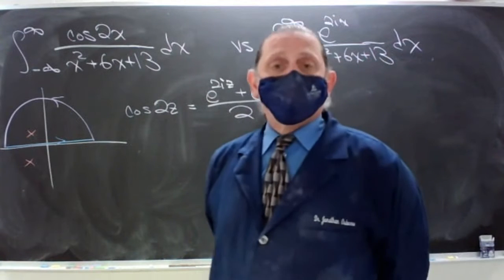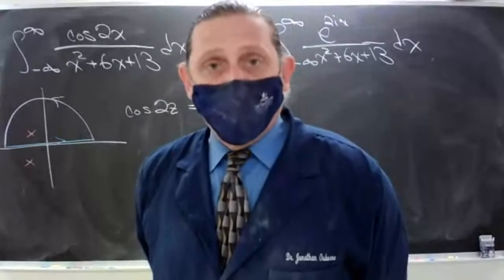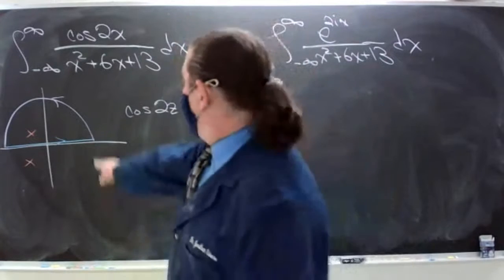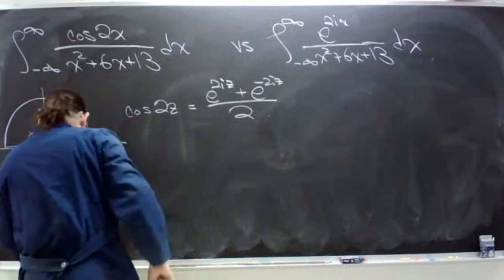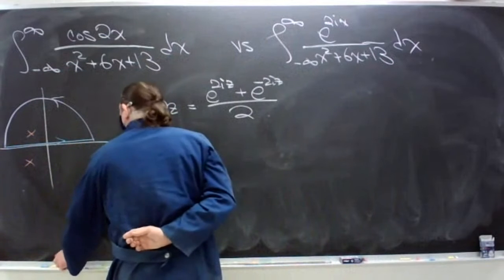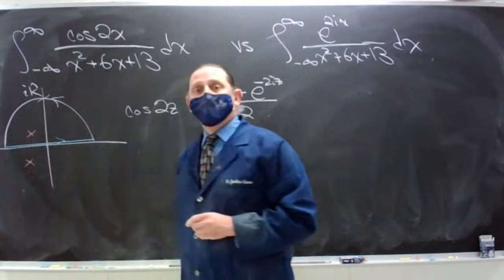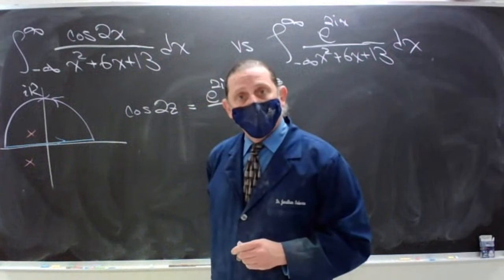Now, we can do this in general. It'll suffice for us to just look at the behavior of this function at this point where my arc intersects the imaginary axis. It'll be at iR.